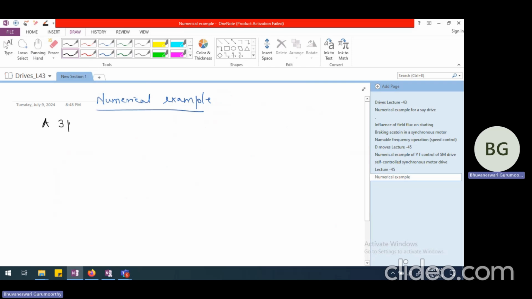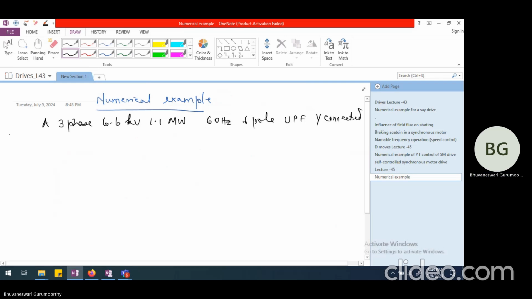So this is a three-phase, 6.6 kilovolts, 1.1 megawatt, 60 hertz, 6-pole, UPF, Y connected, synchronous motor drive.